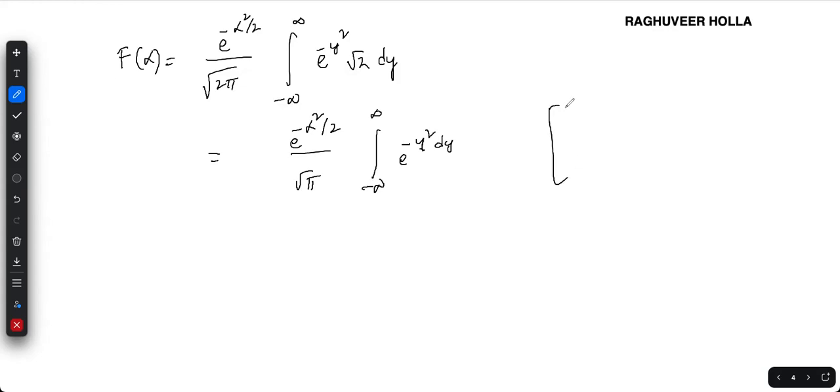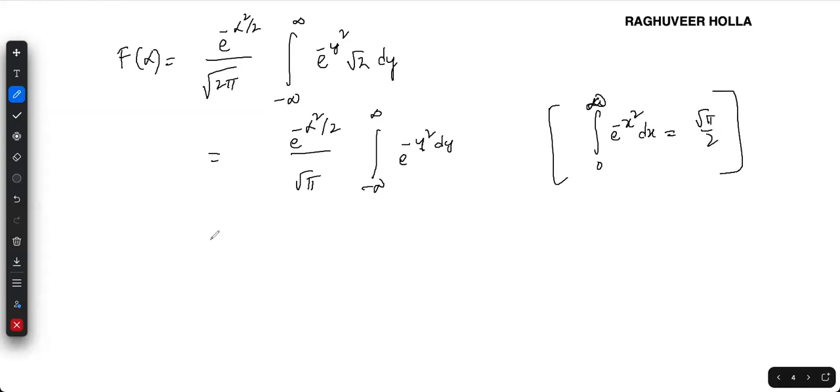Now, please remember that integral from 0 to infinity of e to the power of minus x square dx is root pi by 2.